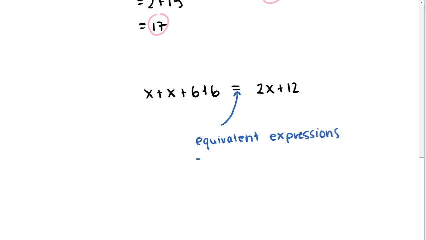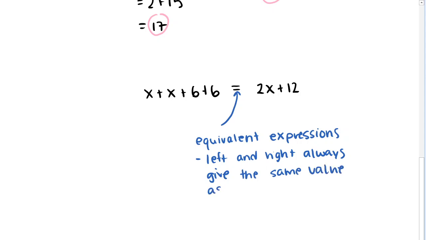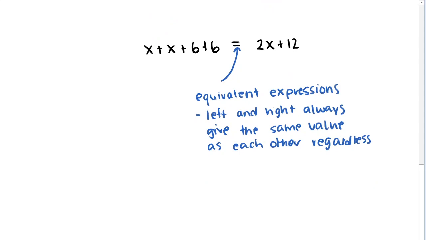Here, this is saying that the left side and the right side always give the same value as each other, regardless of the value of the variable.